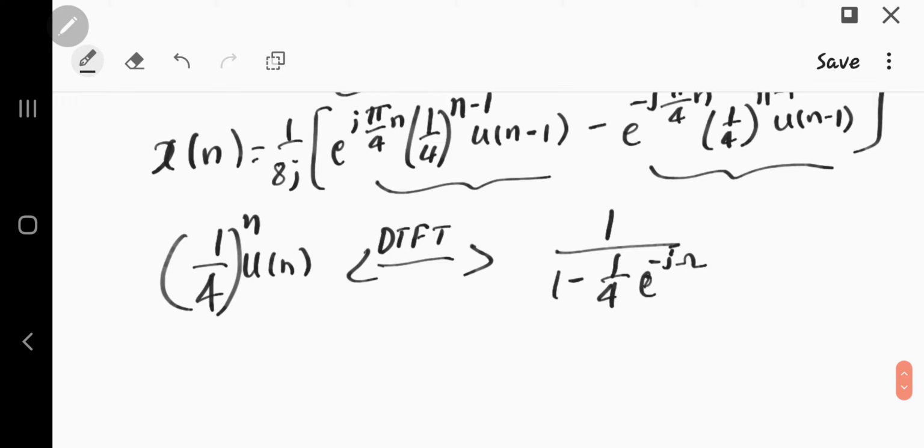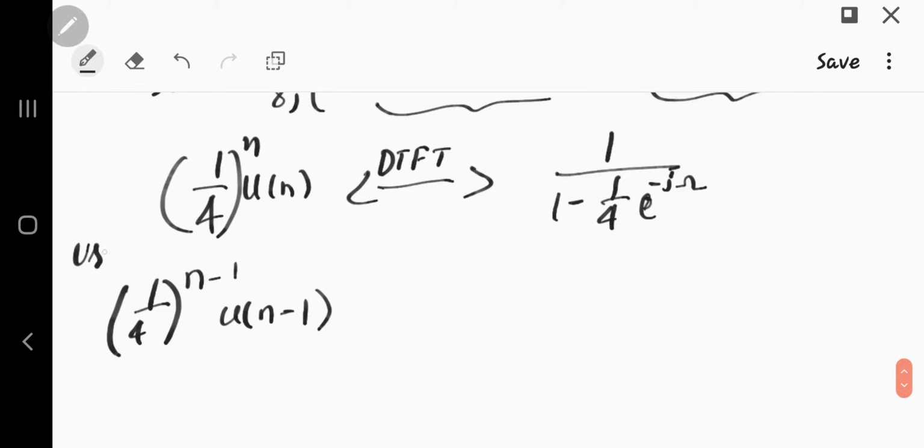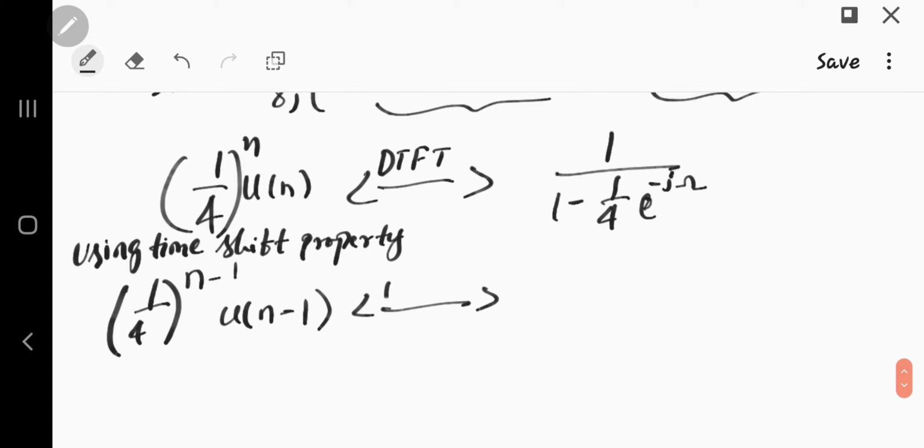Now this you can simplify or you can keep it as it is. Next, we apply time shifting for (1 by 4)^(n minus 1) u of n minus 1. I am writing this using the time shift property. So that is e power minus j omega n naught.